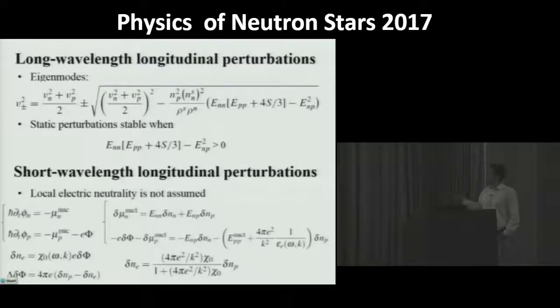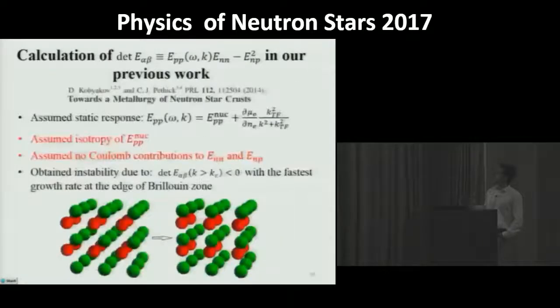For the long wavelengths, we should take a certain form of the response function. This is the dielectric function. So as a next step, we just take a static approximation for the response function of the electrons, and we get this expression for the compressibility of protons, which includes the nuclear compressibility. This is due to lattice and some other forces, which we will study later.